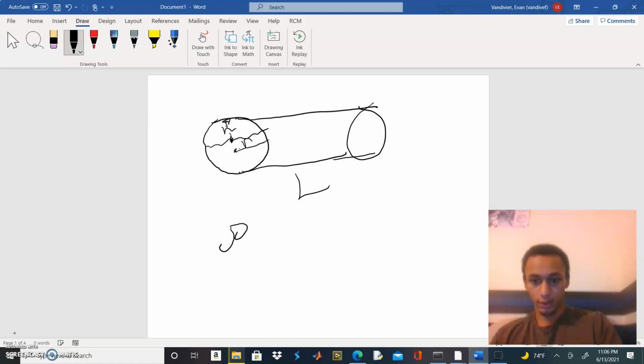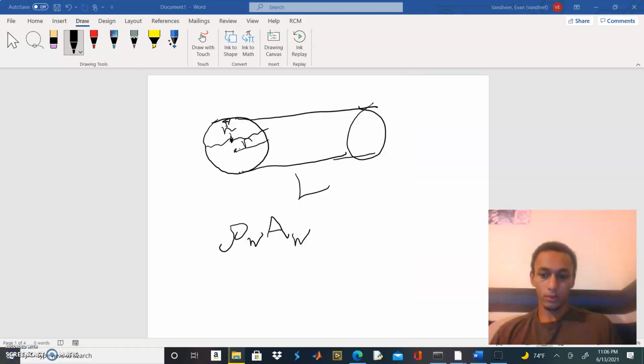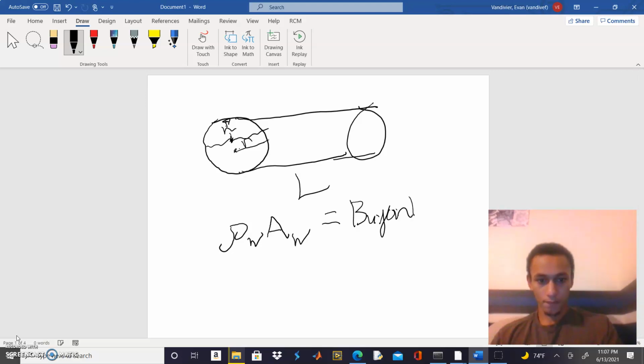You can say the density of water times the area of the water is equal to, say, the buoyant force of the water.